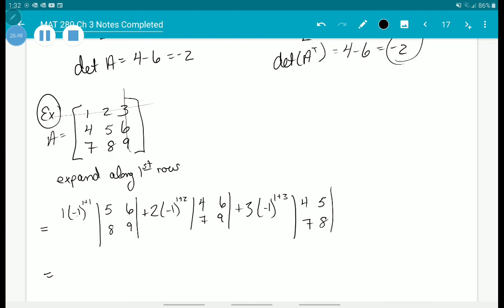So we're going to have 1 times negative 1 squared, which is a positive 1, times the determinant of this matrix, plus 2 times negative 1 cubed, which will be a negative 2, times the determinant of this matrix, plus 3 times negative 1 to the 4th, which is a positive 3, times the determinant of this matrix.